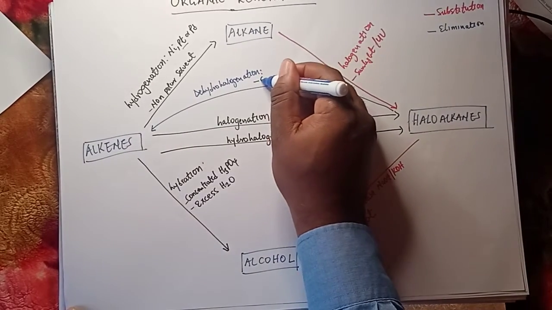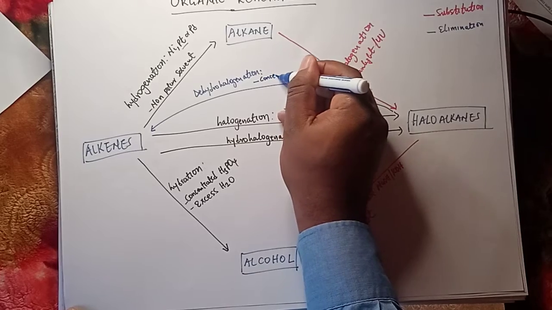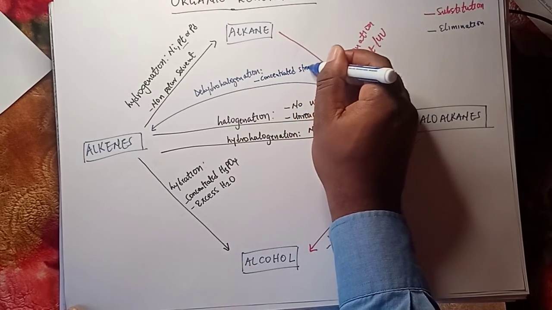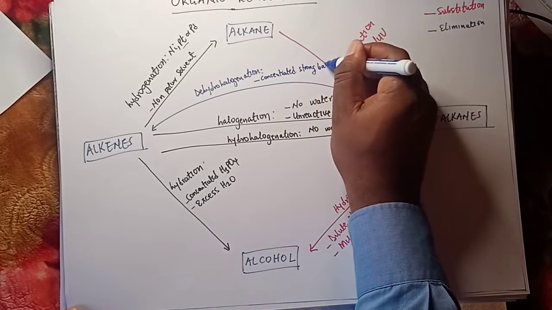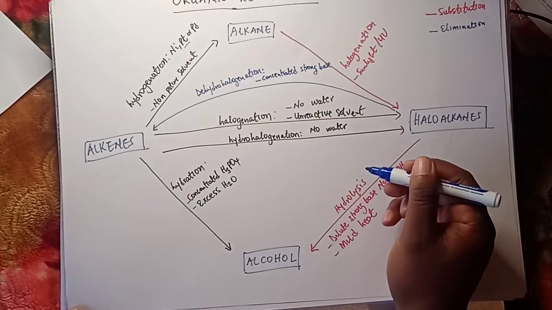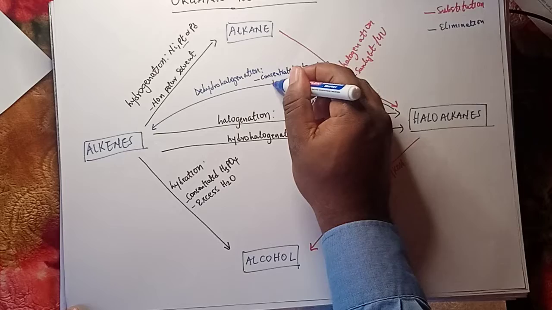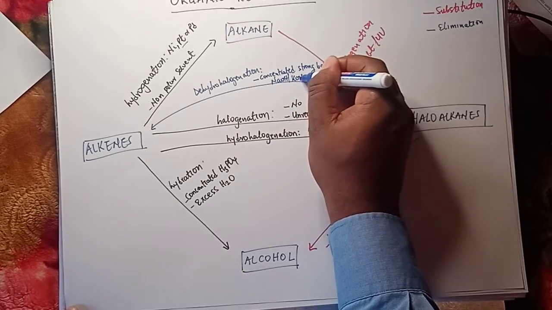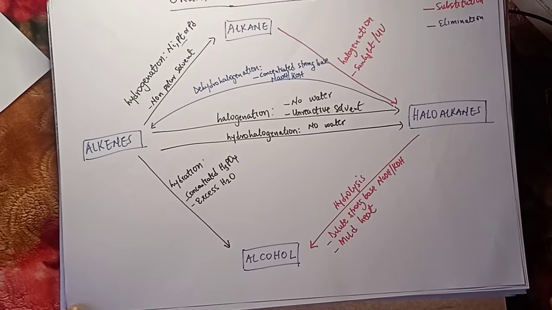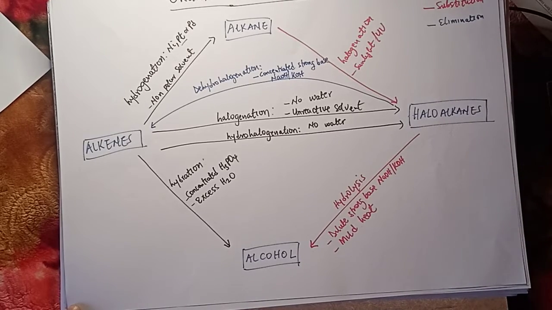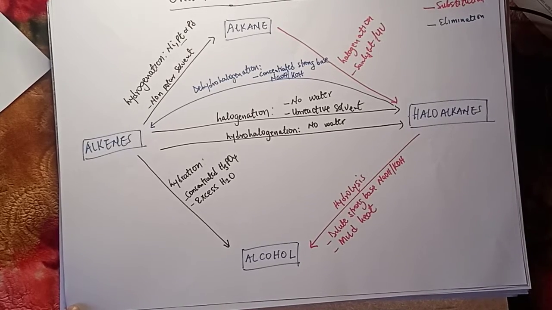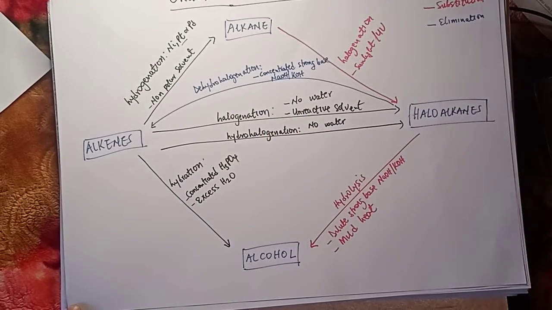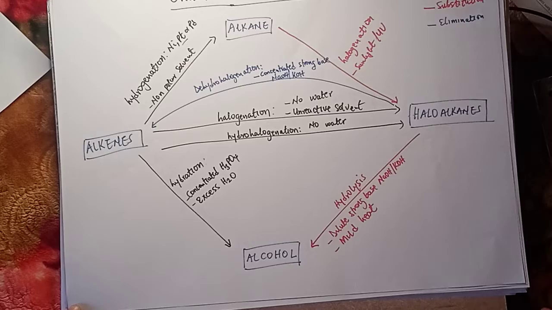Here, we are using a concentrated strong base, which can also be sodium hydroxide, potassium hydroxide, or lithium hydroxide, all the hydroxides of the group 1 metals.